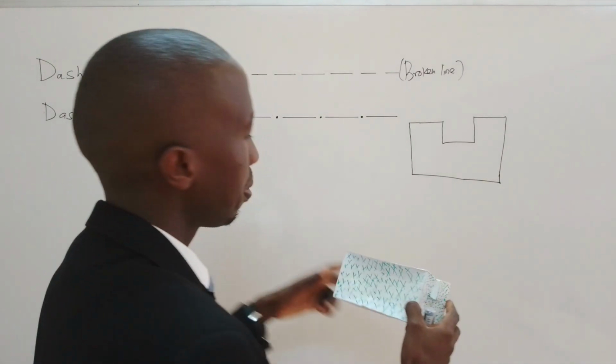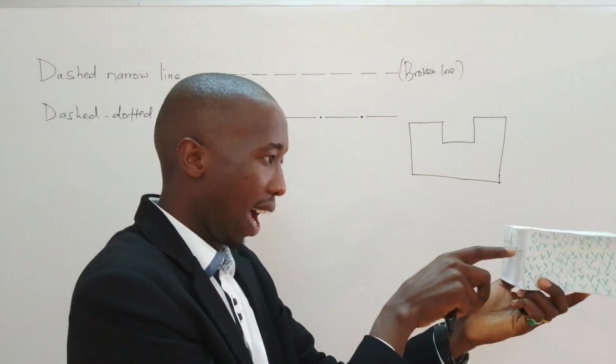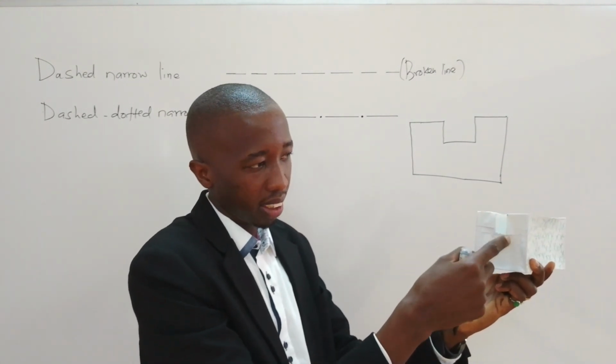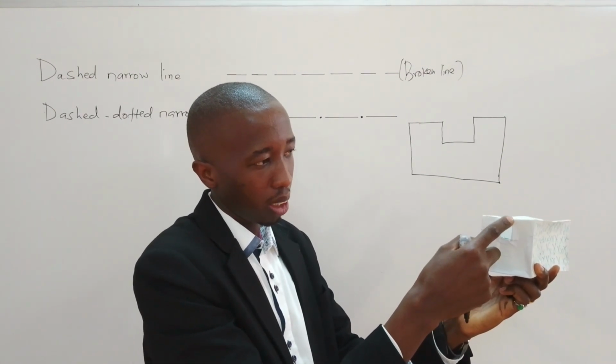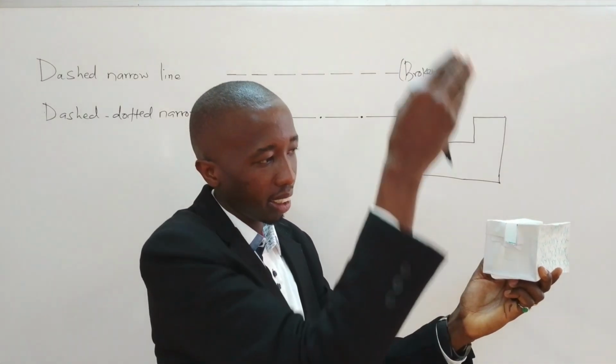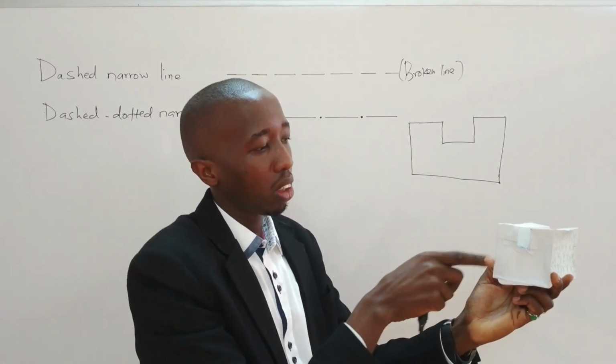Now, when you come to this hand, you realize that we have a line, a corner line, because the two faces here, this face and this face, will be meeting. So it becomes a corner line. This corner line will run through the length.